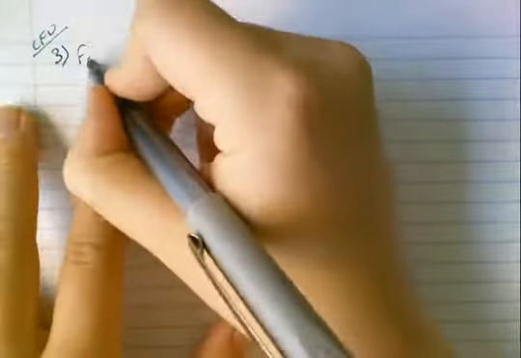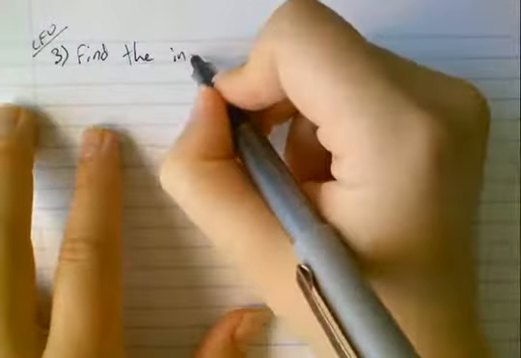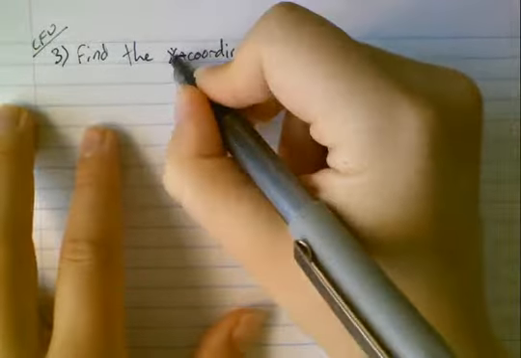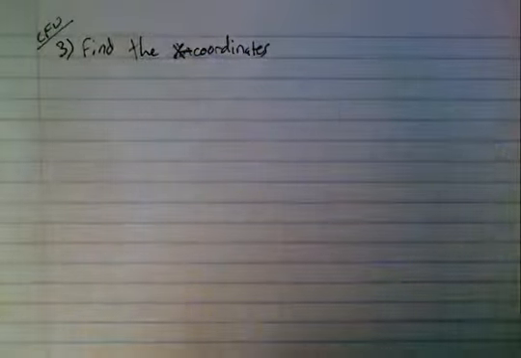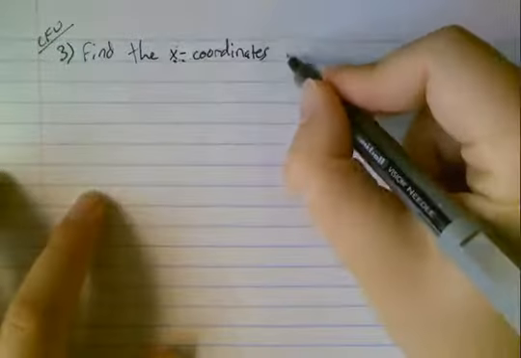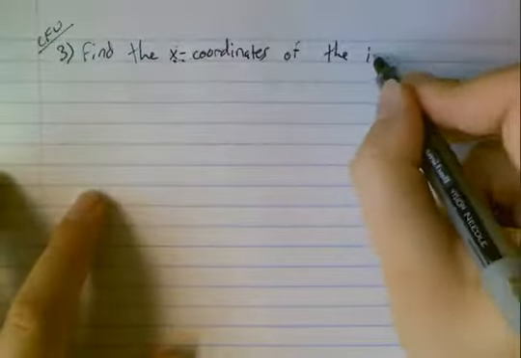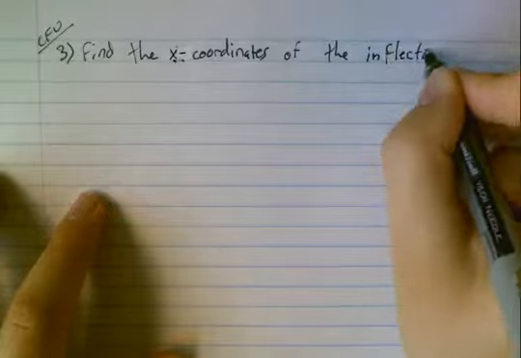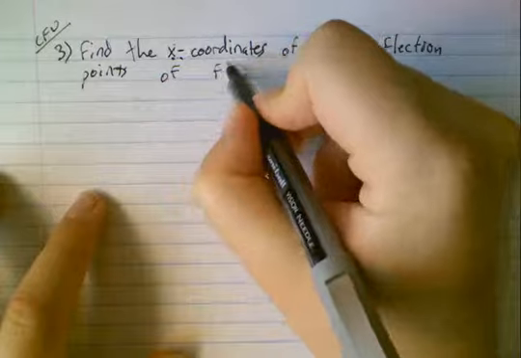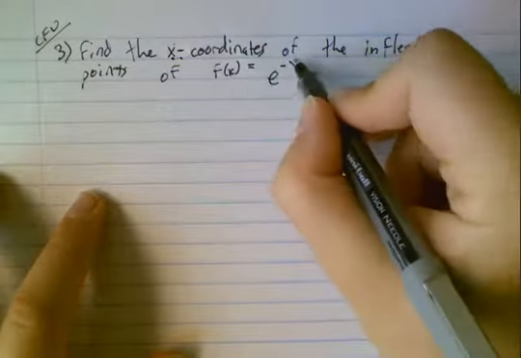Okay, let's do a check for understanding problem now. Find the x coordinates of the inflection points of f of x equals e to the negative x squared over 2.